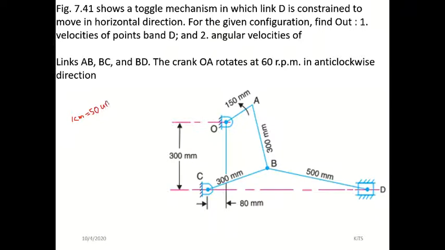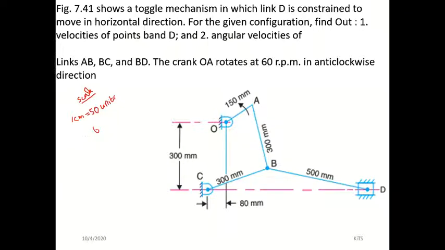Like this you scale it. You have to scale first: one centimeter equals 50 units. So 300 mm means how many centimeters? 300 divided by 50. How much will come? 6.